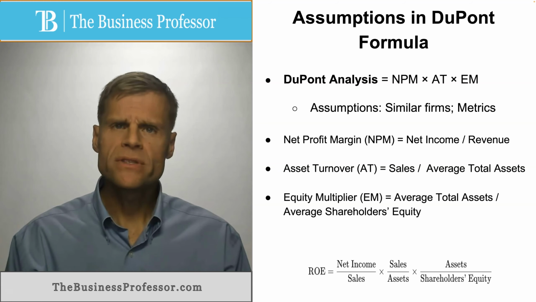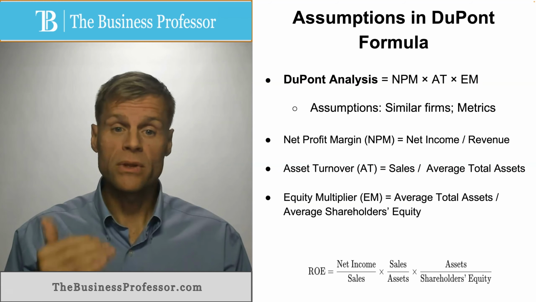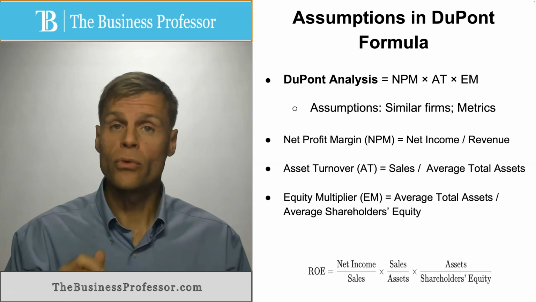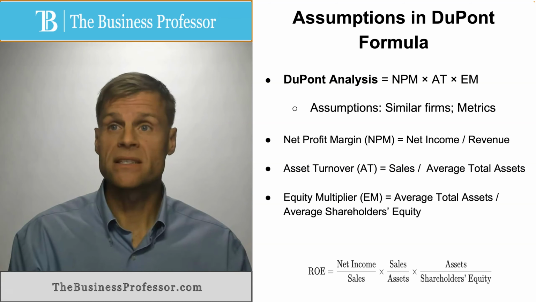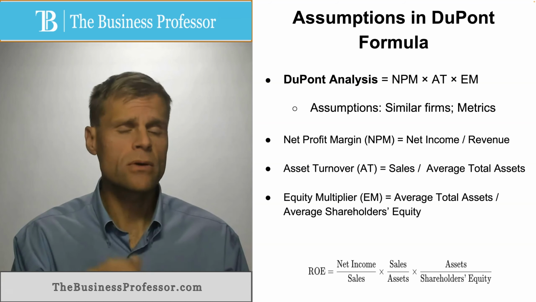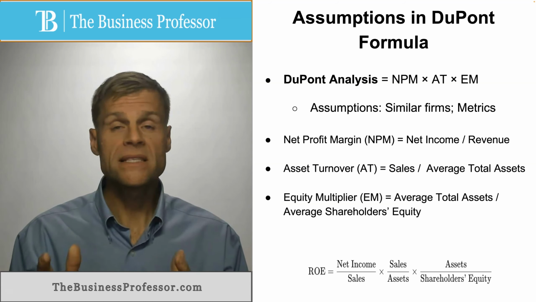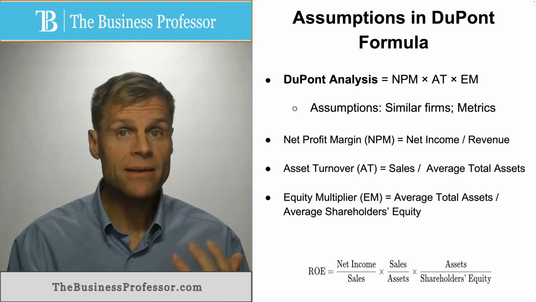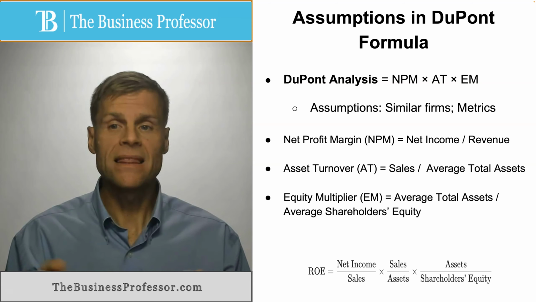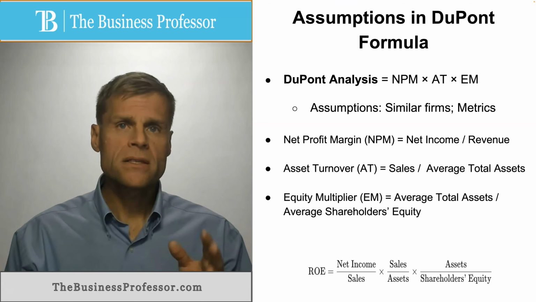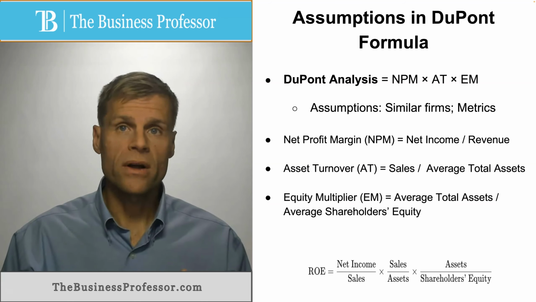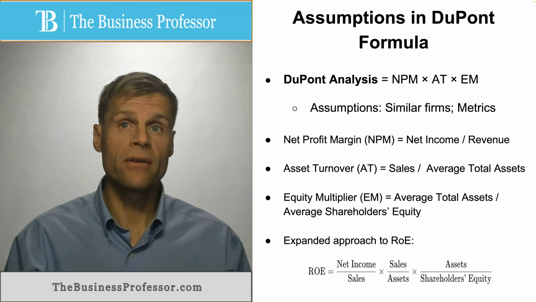So if you're using this as a metric, again, you're coming up with a percentage of the value of one thing to another, where one of the valuation metrics is very difficult to assess. So if you're not comparing businesses that have very similar types of assets, again, this formula is not going to be as useful. So with that being said, these are the core assumptions in the DuPont formula.